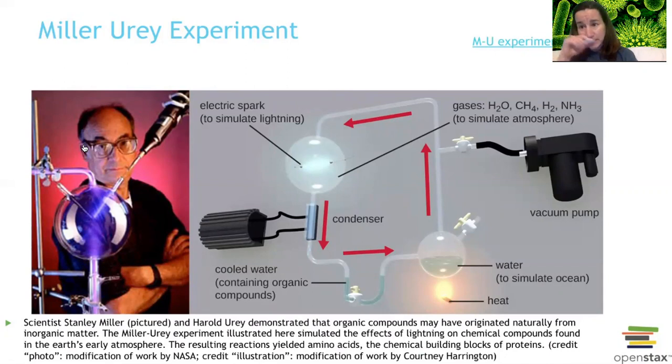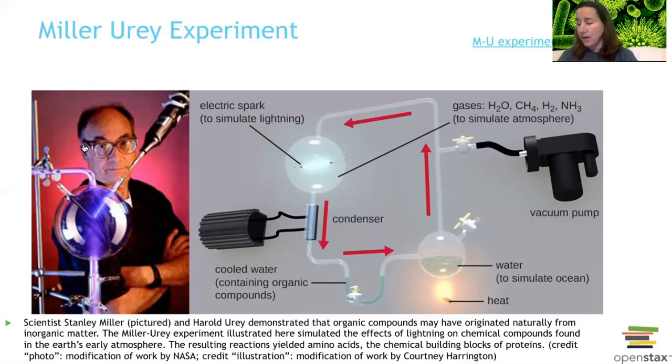So Miller-Urey set about to recreate these conditions in a scientific form, and what he tried to recreate is what he believes was in the seawater at the time. So he recreated a primitive ocean, and there were lightning storms going on at the time.